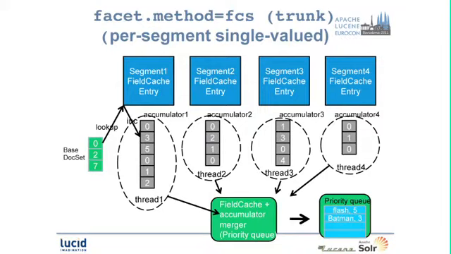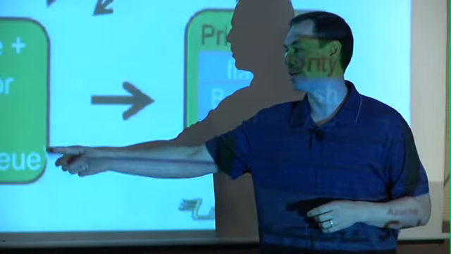So the facet.method equals FCS is just the plural of FC because we cache at the segment level. And it's very much like the top-level field cache method, how we count up, except we have an accumulator per segment, and we can actually count in multiple threads. The big downside to this method is that we have this extra item here, this accumulator merger.